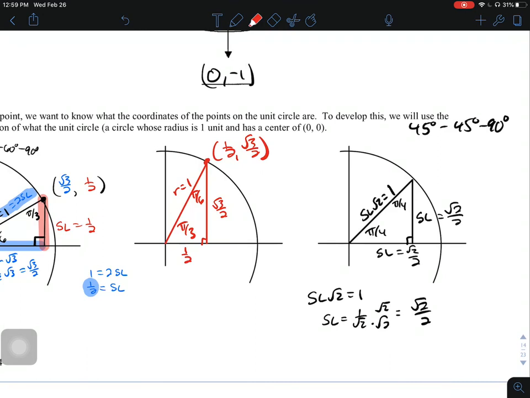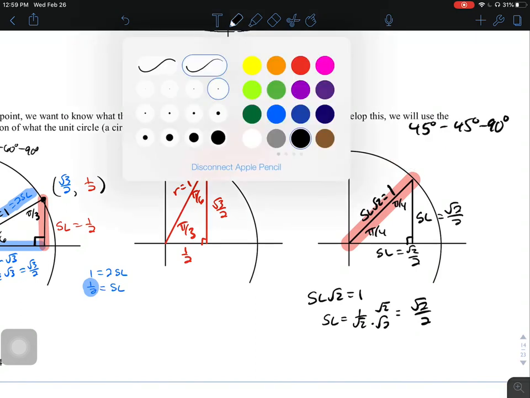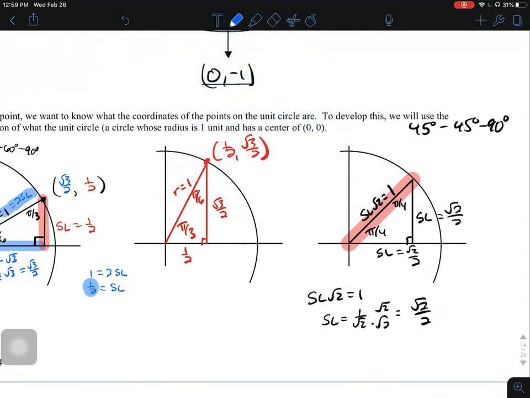So that means the ordered pair, well, where this tangent, not this tangent, I'm sorry, I'm misspeaking. The terminal side, what I just drew in red, touches the circle at this point right here. It's going to have an ordered pair of to the right, square root of 2 over 2, and up, square root of 2 over 2.